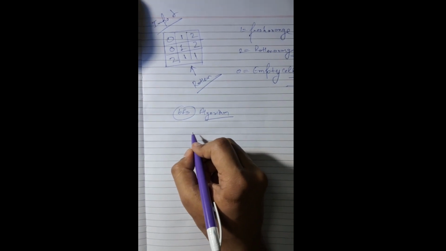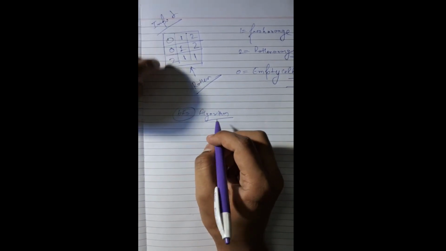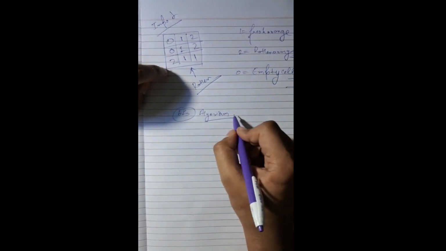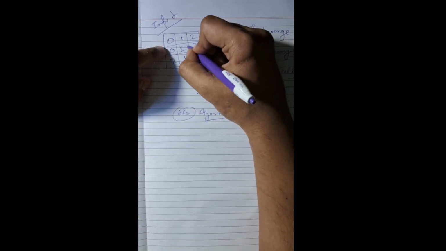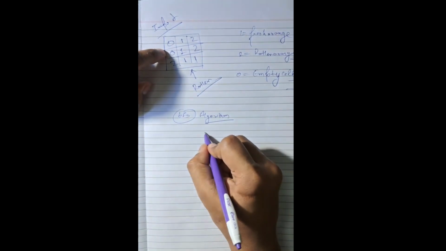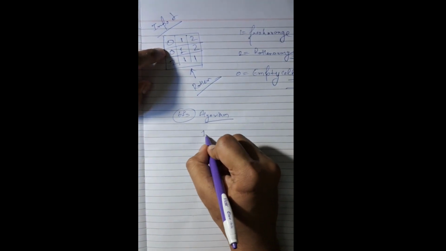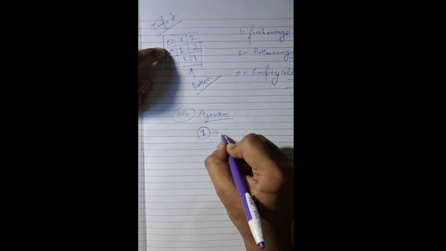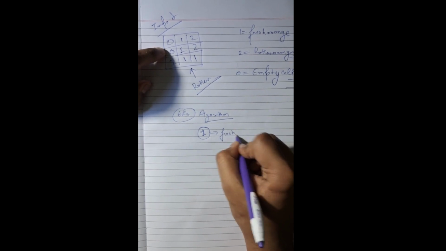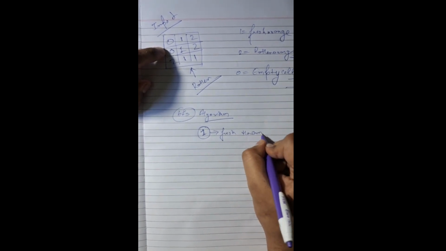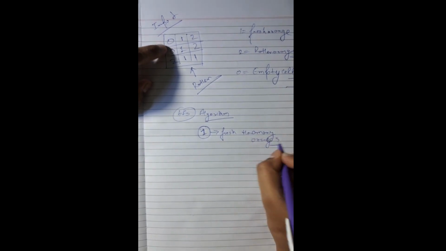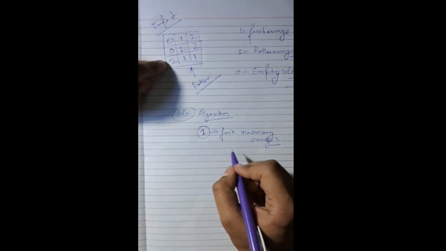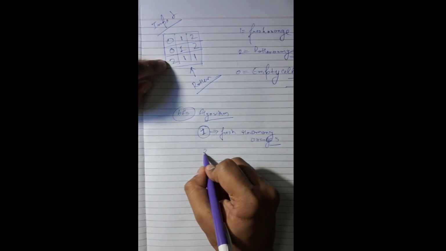Before going to the BFS, let me tell you that we can collect all the ones as fresh oranges, to know how many fresh oranges we are having, and we can also know how many rotten oranges we are having.